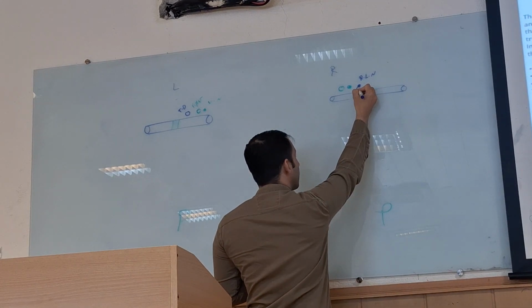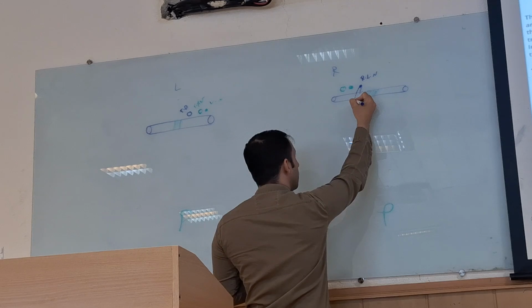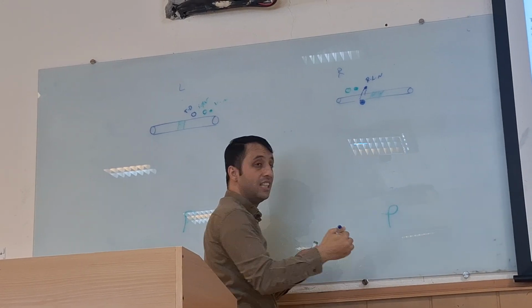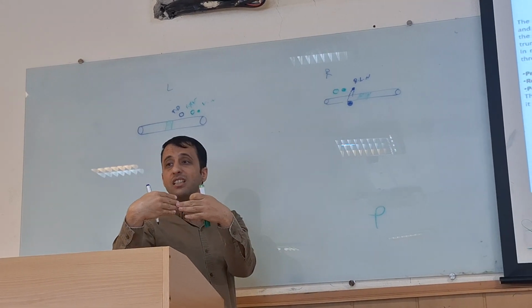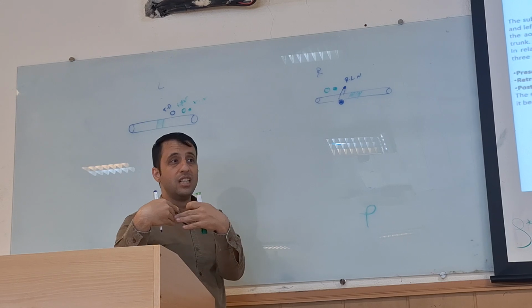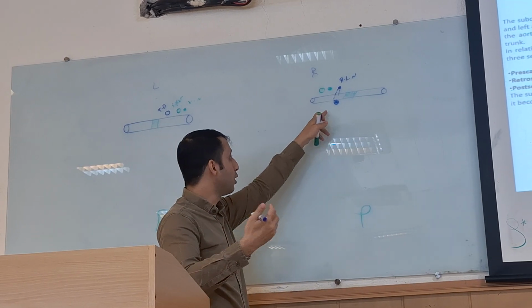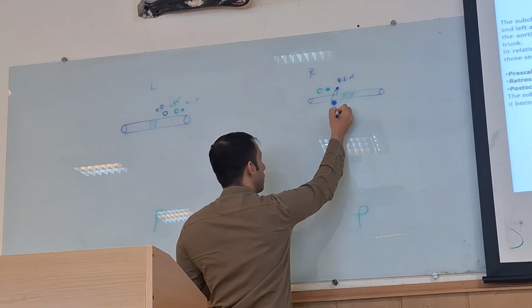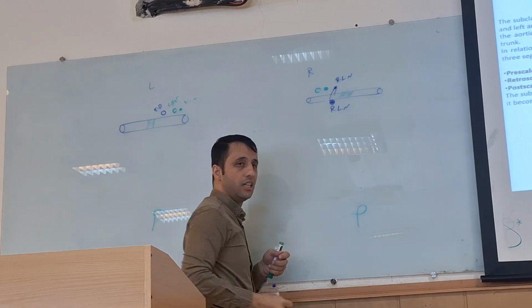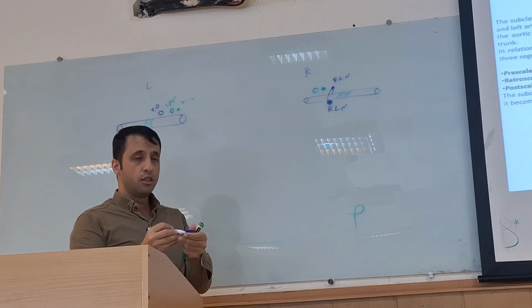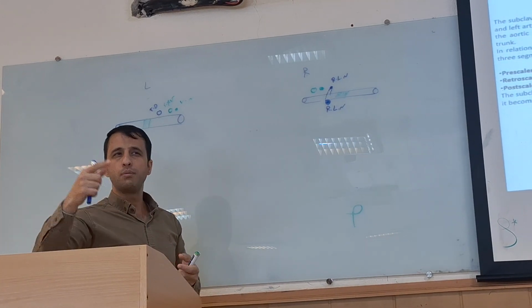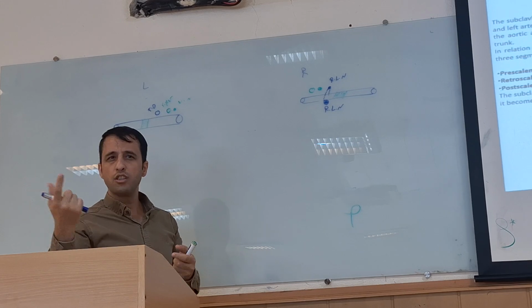Look here. In the posterior view, posterior and adjacent to the first part, I also have the recurrent laryngeal nerve. Do you remember ansa subclavia? What was ansa subclavia?